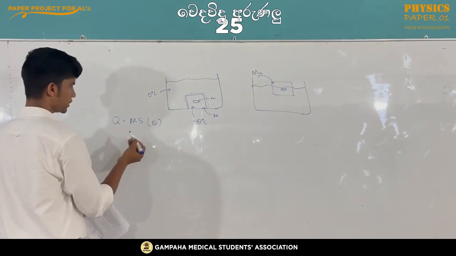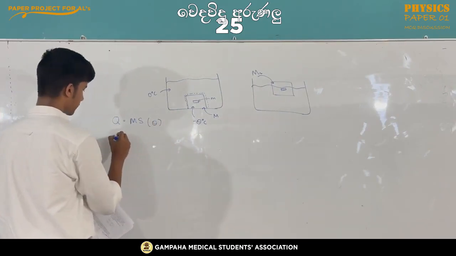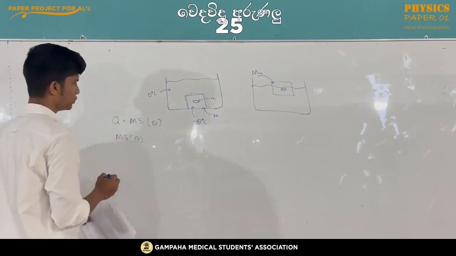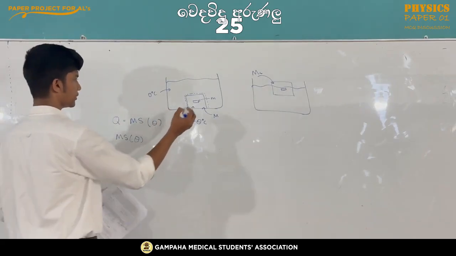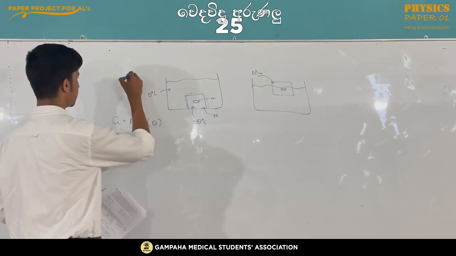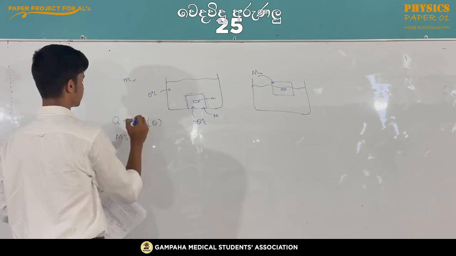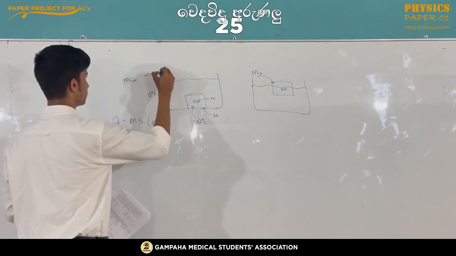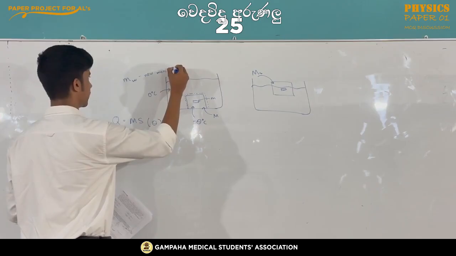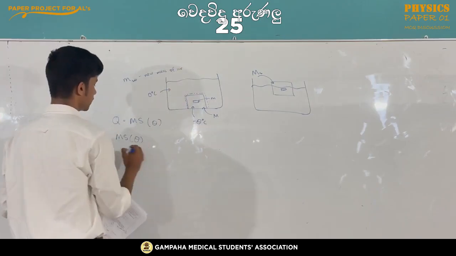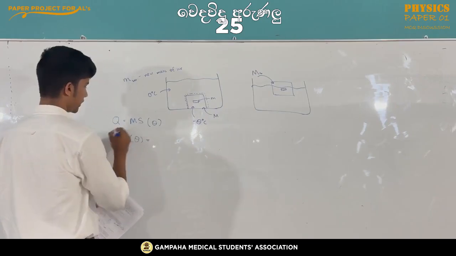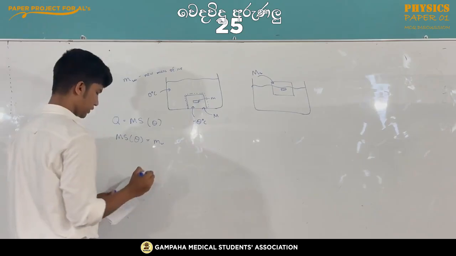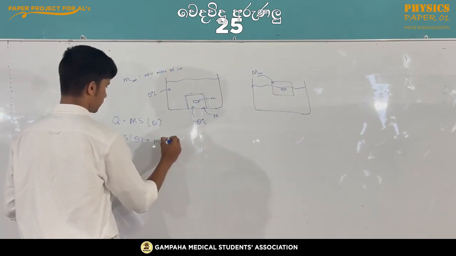Then the heat lost by the water is also equal to this, and so the new mass of water that is converted to ice, we can consider it as simple m W. m W is the new mass of water, the mass of ice that is formed. So then this heat energy is used to form the ice. So this will be equal to m W L.